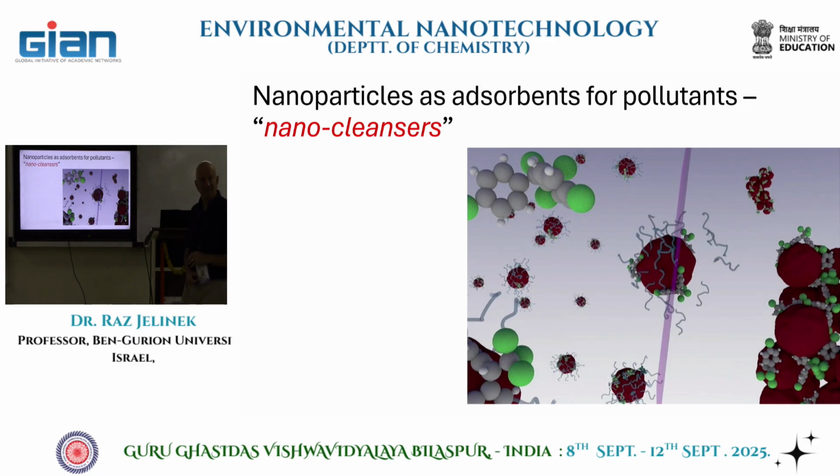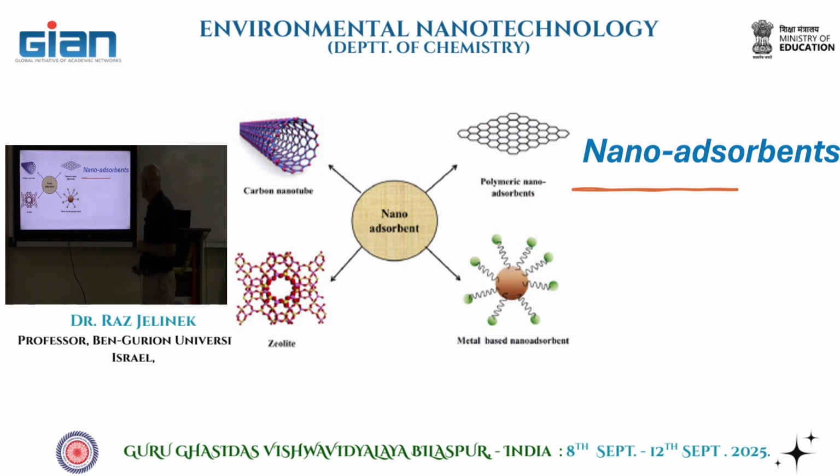This is just a nice visual example of these nano cleansers. These nanoparticles here absorbing bad molecules on their surface and then removing them from the water. These are examples of some actual nanoabsorbers that people use.